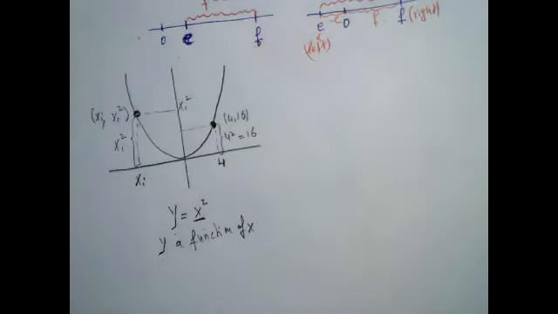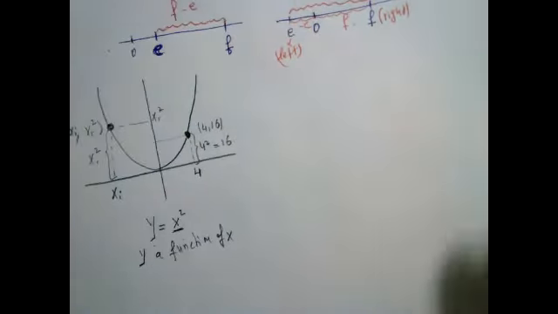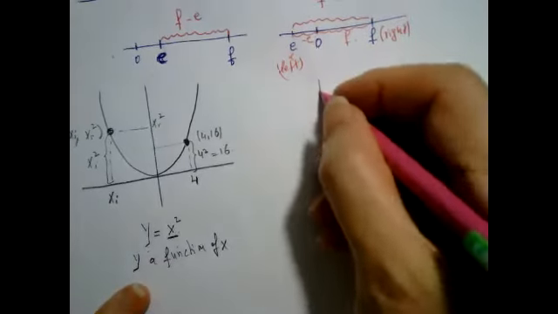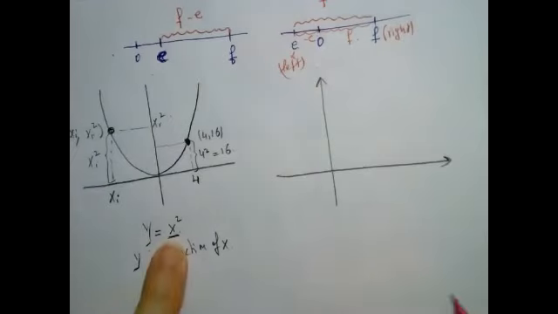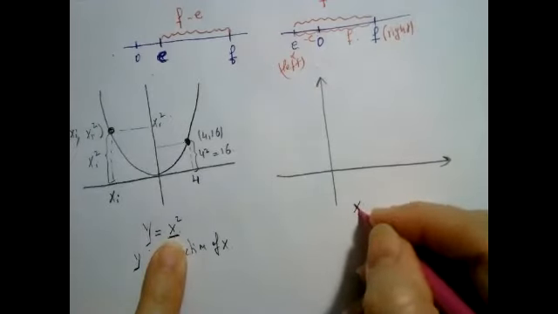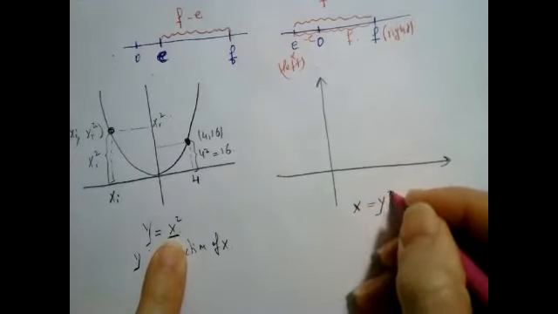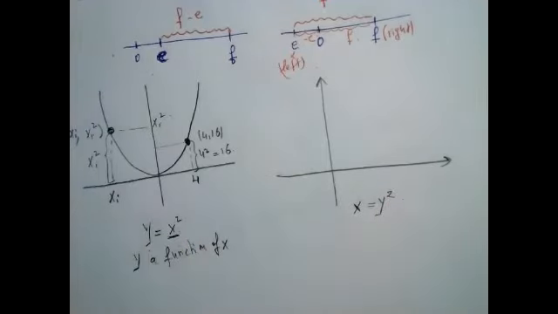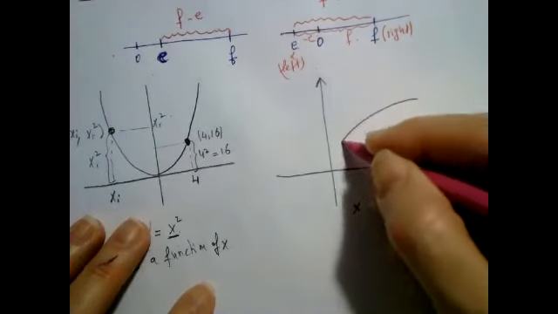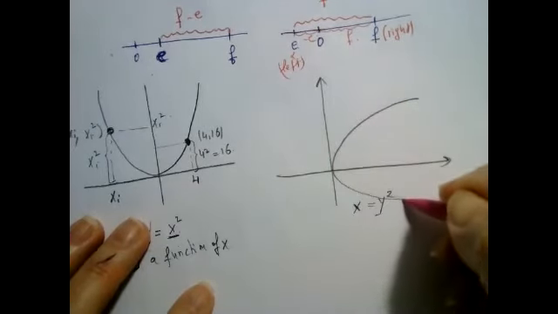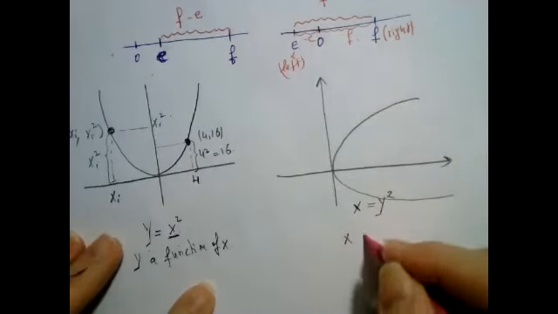Okay, this is something I think you know. Now, let us say I'm going to do the following. I'm going to give you x as a function of y. So here x is y squared. The graph, I just drew it, was like this. That's the graph. So here x is a function of y.